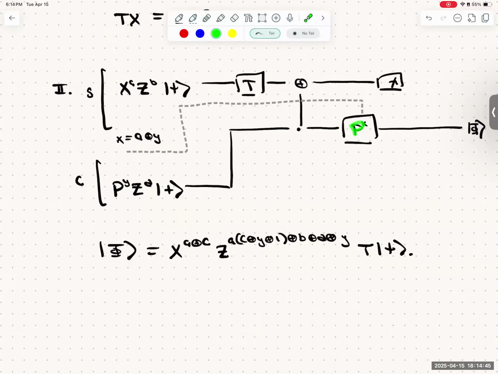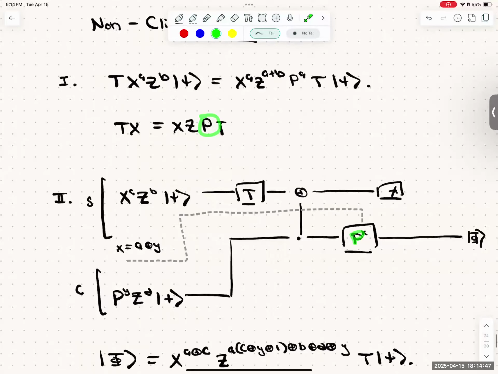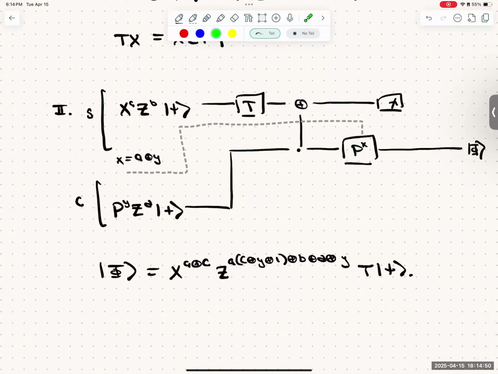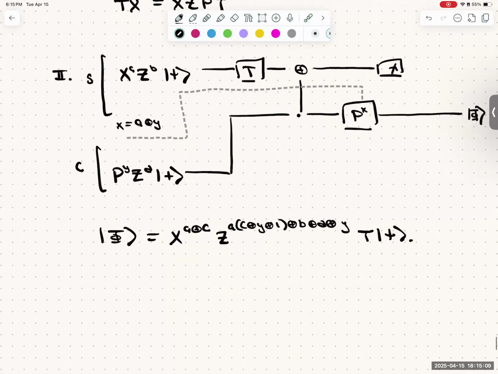So the idea is basically that you want to teleport this thing, and the phase correction that was showing up here is actually corrected by the server, and this x is sent to the server from the client. So you require the ability to prepare this random state and also send one bit of classical information to the server to do this.